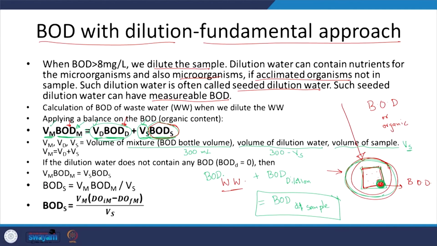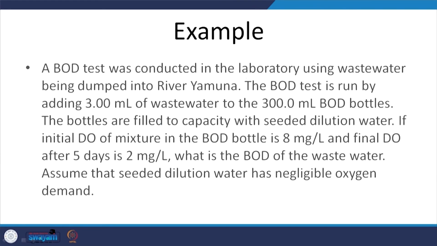Let me just look at a question if I have one out here. A BOD test was conducted in the laboratory using wastewater being dumped into the river Yamuna. The BOD test is run by adding 3 ml of wastewater to 300 ml BOD bottles. So, what is this 3 ml? It is the volume of the actual sample, and the total volume of the mixture is 300 ml.